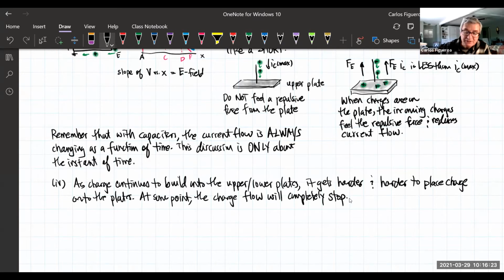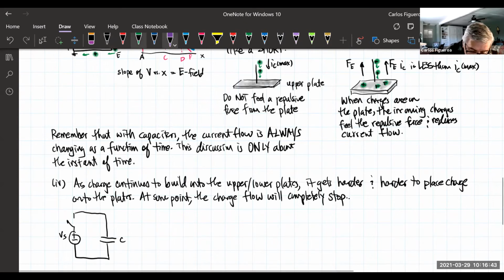So there's two pictures that we can draw here. The first picture, which might make you feel a little bit better, is that if I have a parallel plate like this, and of course this is my capacitor, there's going to be a repulsive force from the plates.